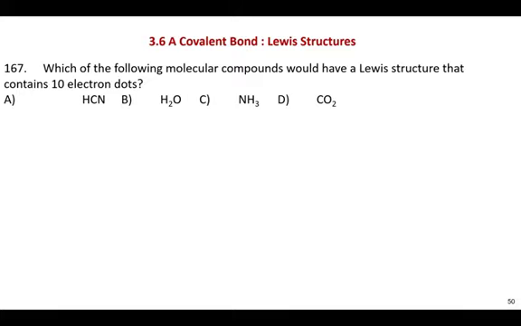So 10 electrons. So this should be the correct answer. Water has 8. Ammonia has 8. Carbon dioxide, we already calculated, it has 16, 4 plus 12. Therefore, HCN is the one that has 10 valence electrons.